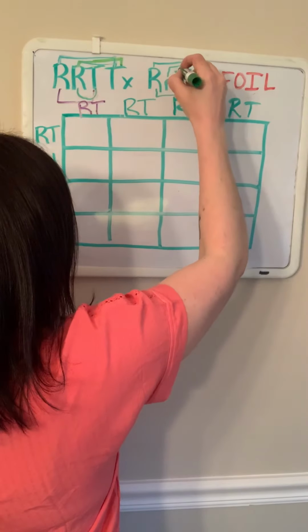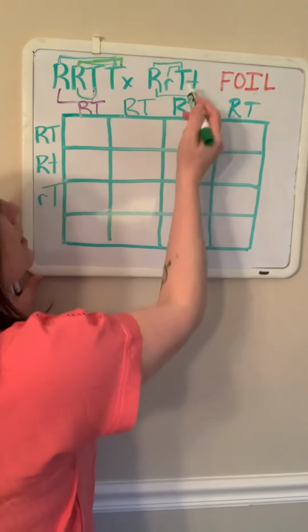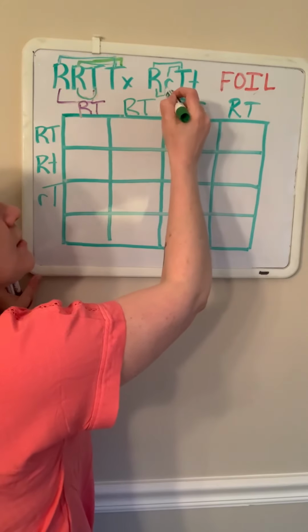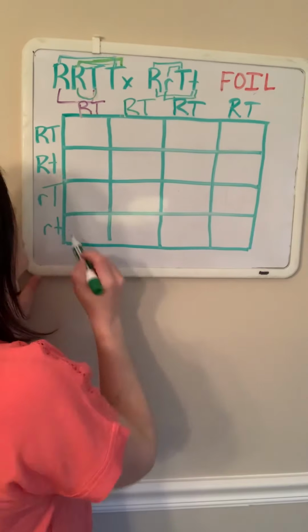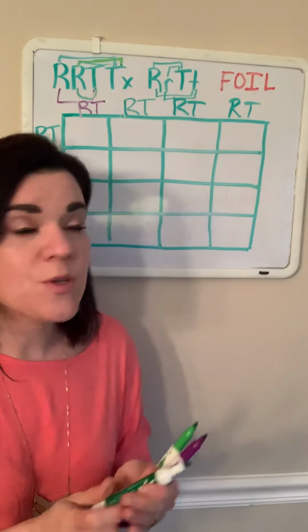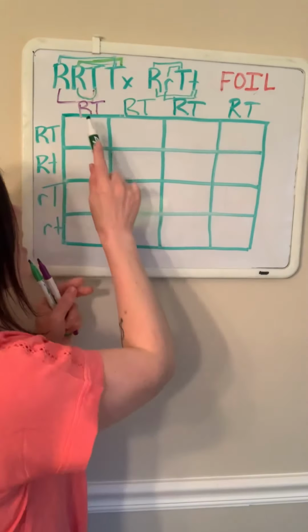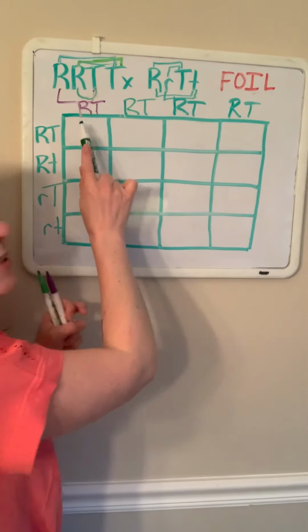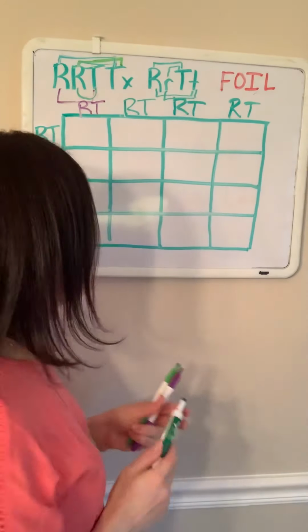Inner, lowercase r, capital T, and then last, lowercase r, lowercase t. So be consistent also about which trait you put first. In this problem, I put the plant color first and then the plant height. So definitely be consistent about that.